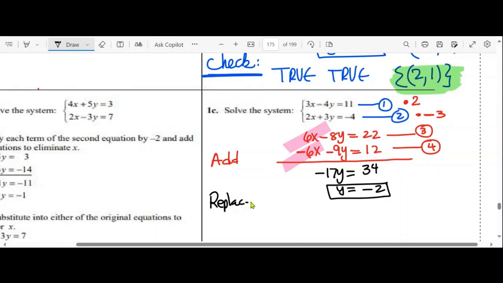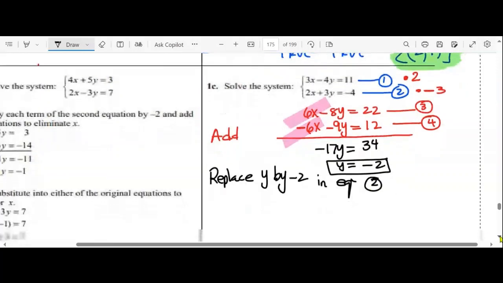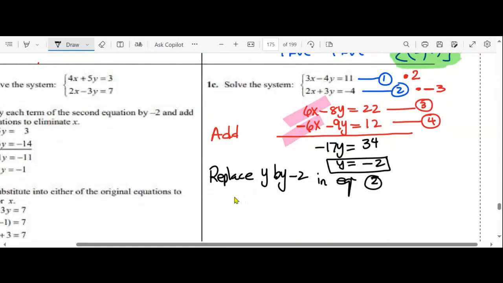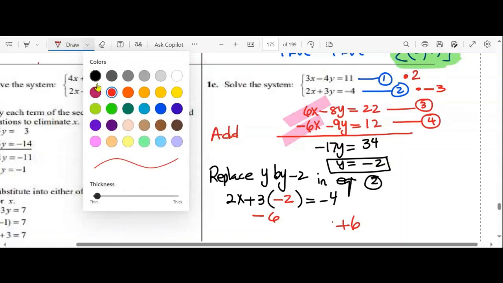Replace y by negative 2. In which equation? I'll take 2. So you have 2x plus 3 times negative 2 equals negative 4. That gives you negative 6, and then you move the negative 6 to the other side and it becomes positive 6.